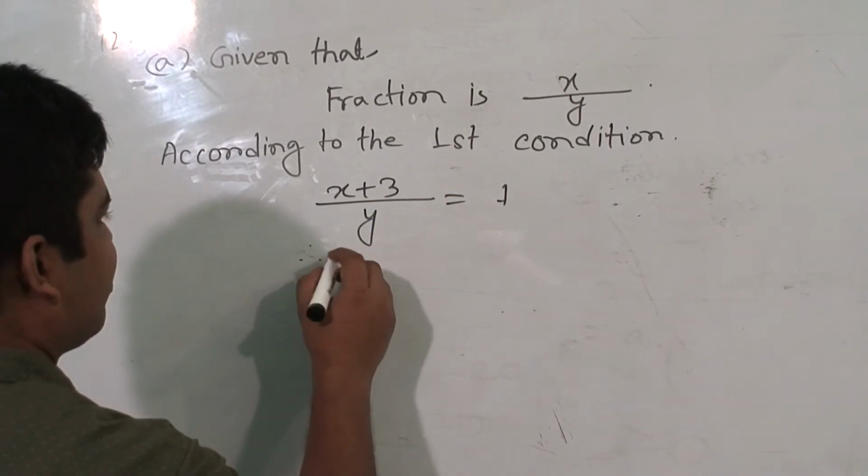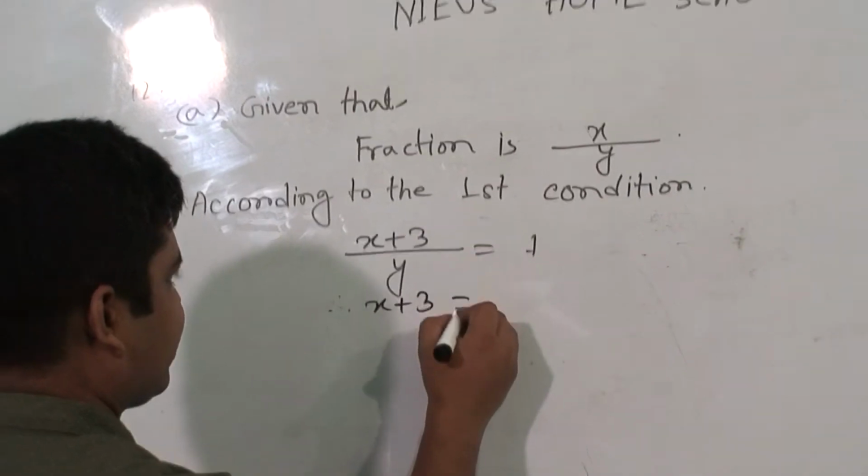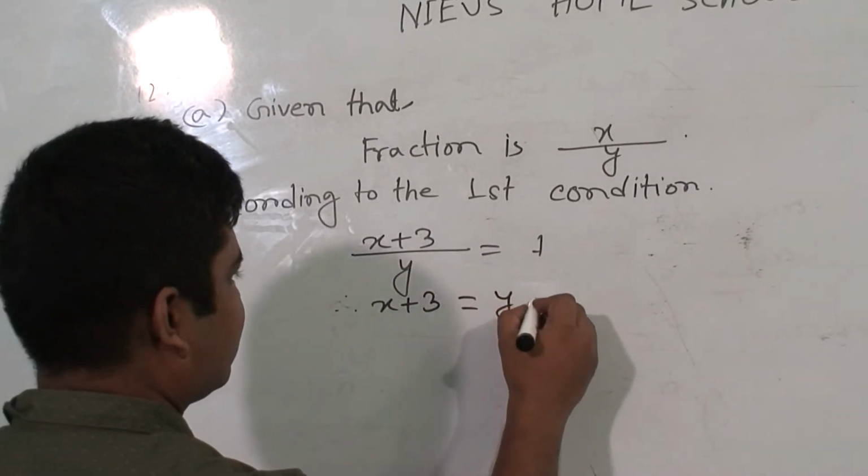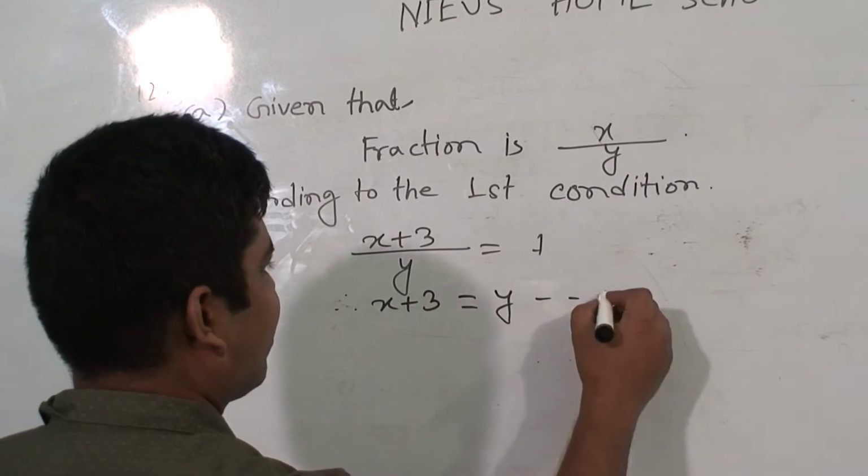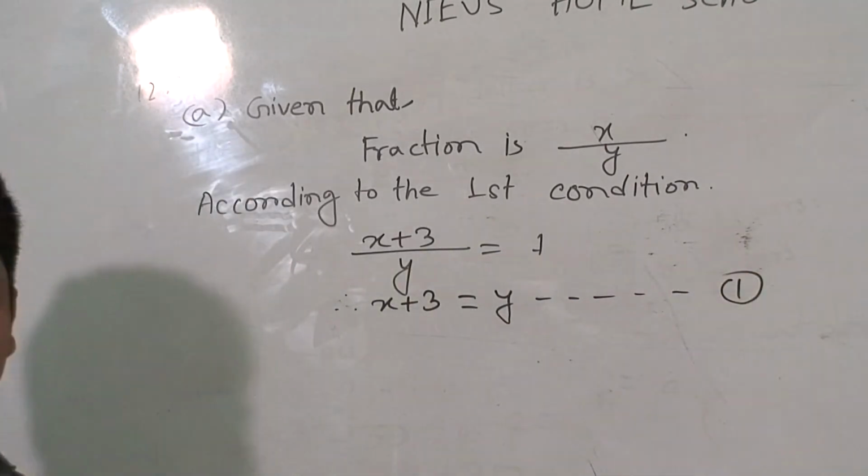Now we use here the cross multiplication method. x plus 3 equals y. It is equation number 1. I hope you have understood.